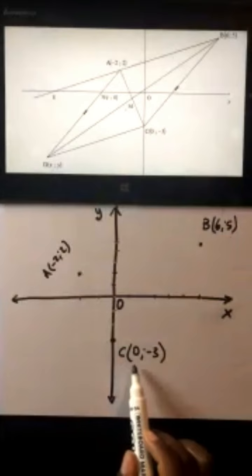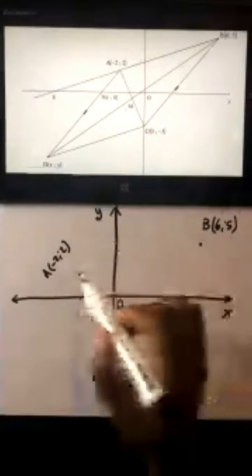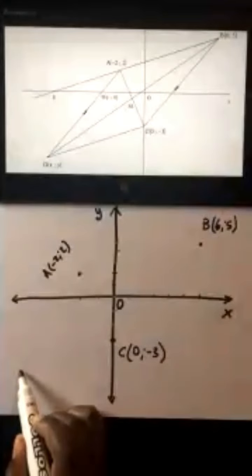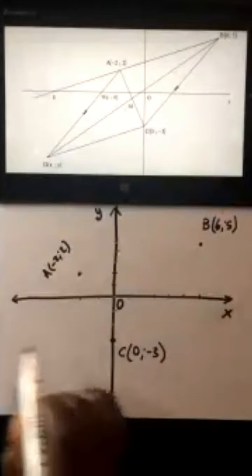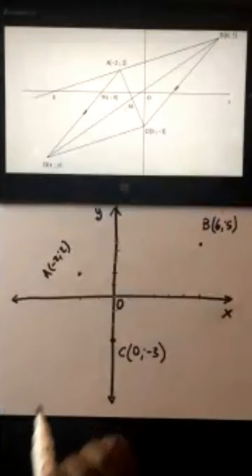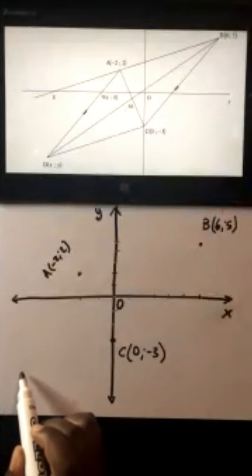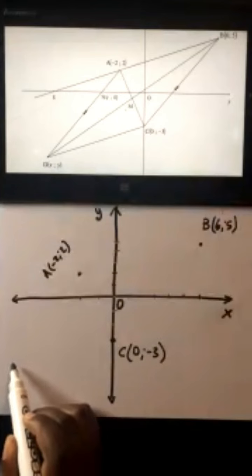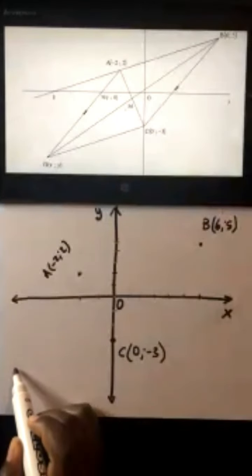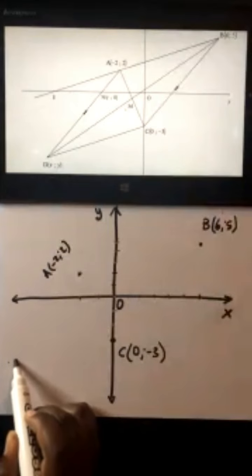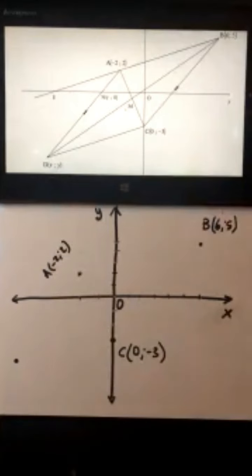C is a point, these are the coordinates. Which point? That point, that point, that point. What about D? So D, it's somewhere there, ladies and gentlemen. We are not really sure exactly where, but we know it has to be somewhere there. So let me just make an assumption, let's say somewhere there. I'll just make a point there so that you are able to see on the screen.